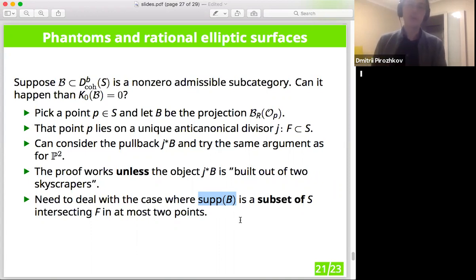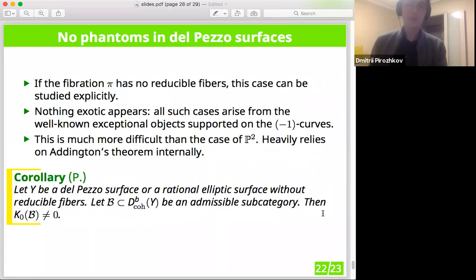This is a case that we never saw for P2 because we had this action of the group that told us that this is impossible. But for rational elliptic surfaces, this actually happens. But under the additional assumption that the fibration pi has no reducible fibers, this roughly corresponds to this lemma about skyscraper-like objects and curves. As I've said, if you have an object on an irreducible curve whose Ext algebra looks like the Ext algebra of a skyscraper at a smooth point, then you have a classification which looks the same as in the smooth case.